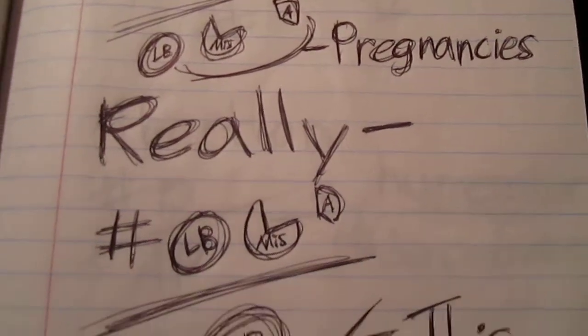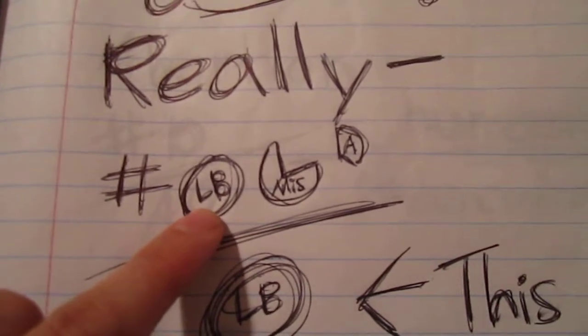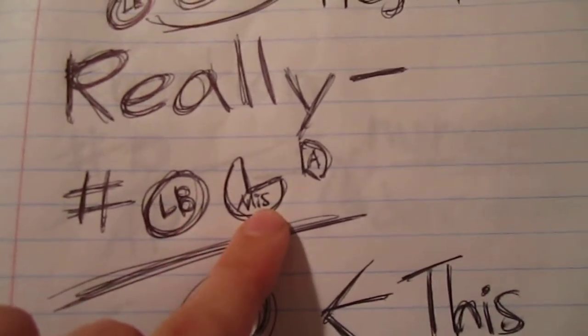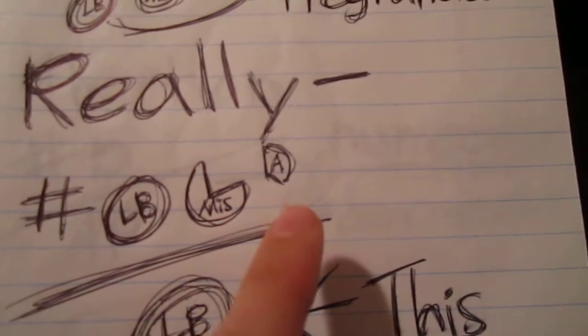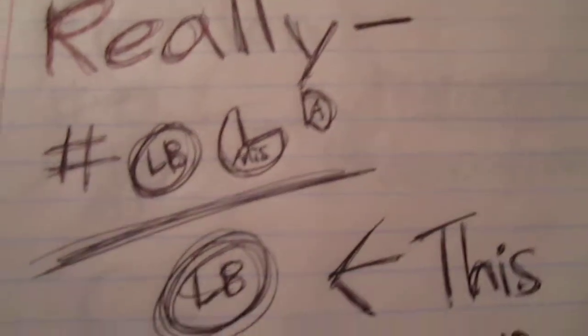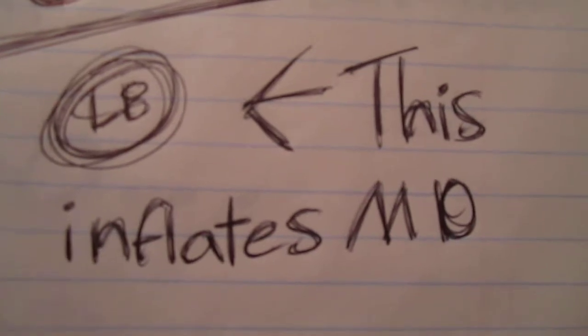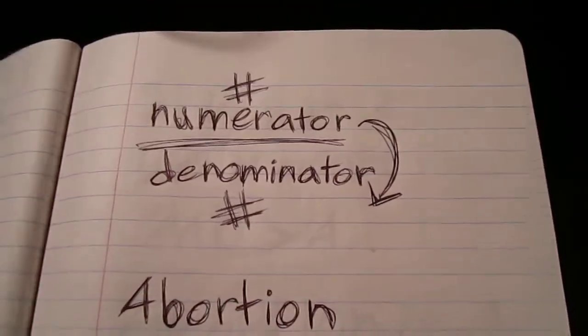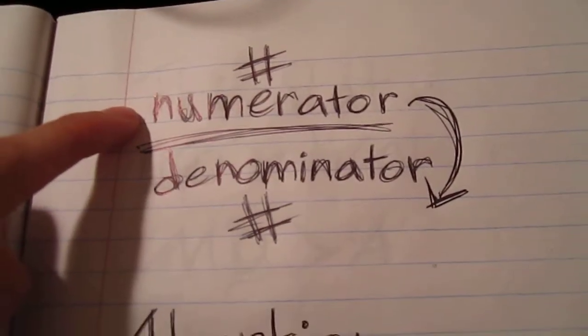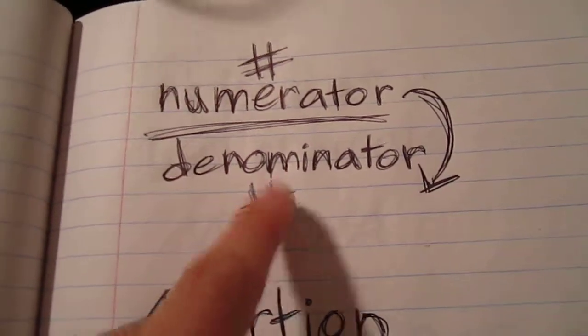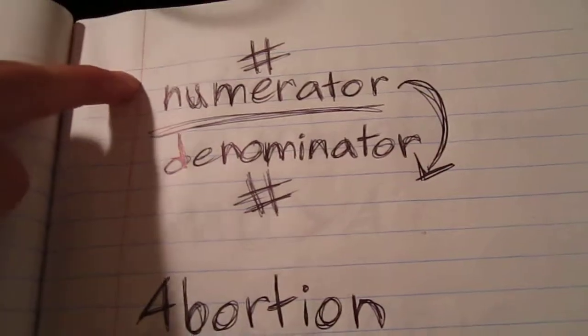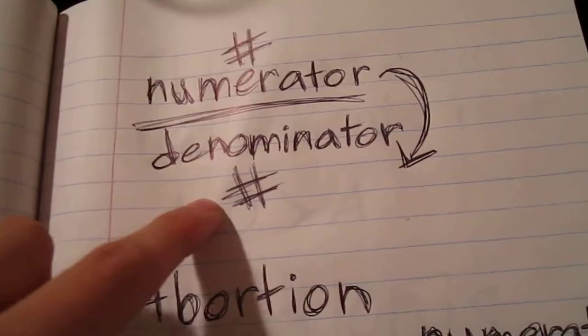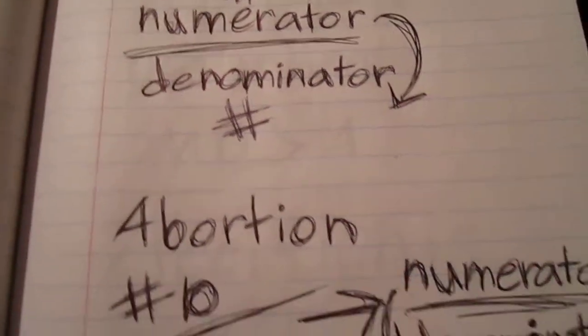Really, what we're seeing in these stats is that we have the number of deaths from live births, the number of deaths from miscarriages, and the number of deaths from abortions over the number of live births. And this is what inflates the maternal death rate, because the numerator is not properly represented in the denominator. We have three types of pie up here and only one type of pie down here.